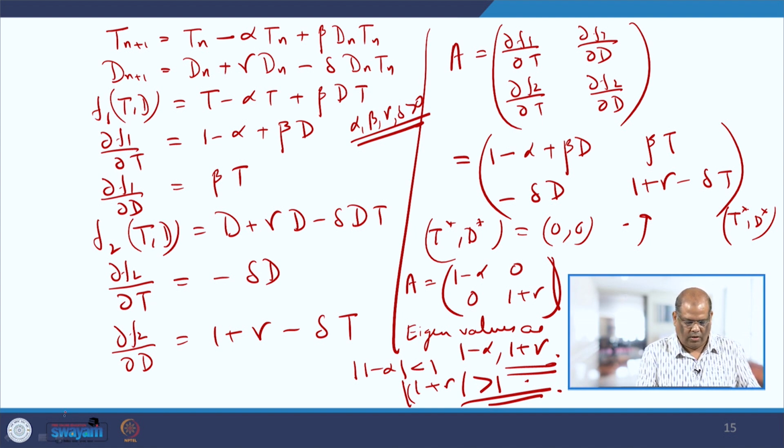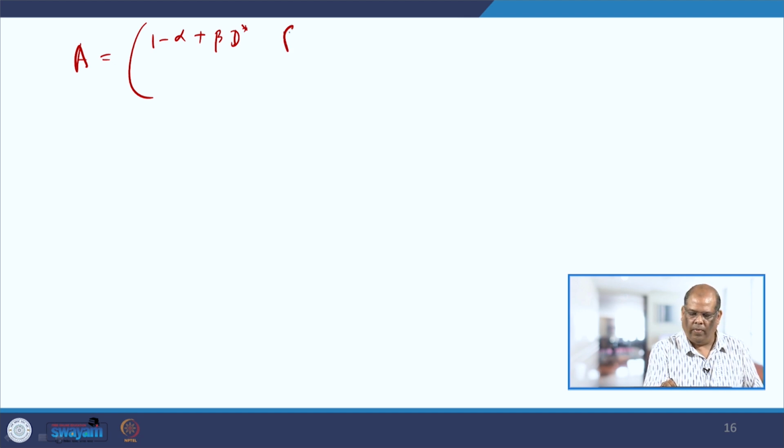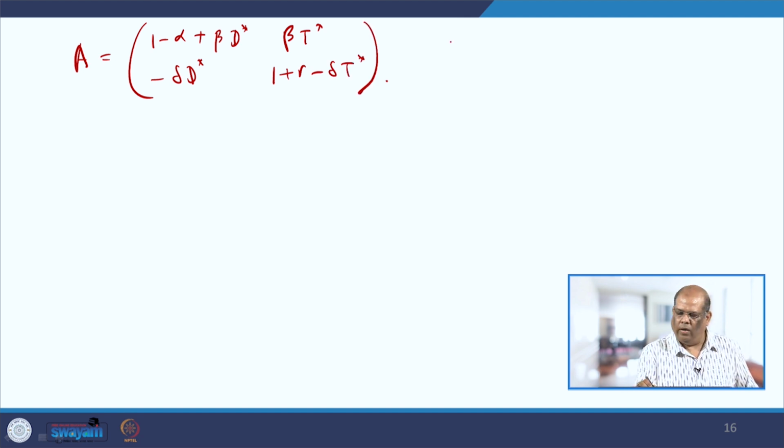Let's check the non-zero equilibrium point. So you have A equal to 1 minus alpha plus beta D star, then beta T star, minus delta D star, and 1 plus gamma minus delta T star, where your T star is gamma by delta and D star is alpha by beta.